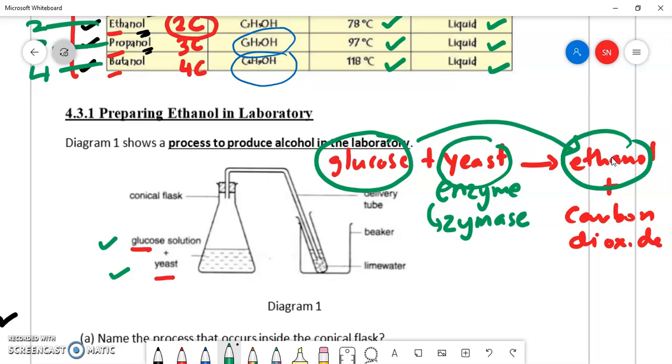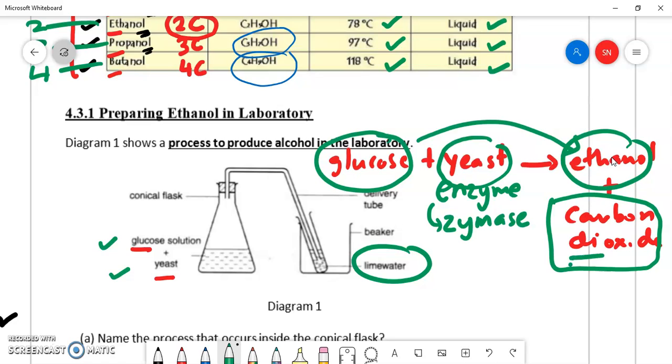Now when this happens, because carbon dioxide is produced as a waste product or byproduct, we use lime water, as usual, to test the presence of carbon dioxide. If carbon dioxide is present, the lime water will turn cloudy. If you see the lime water turning cloudy, that means carbon dioxide is being produced.